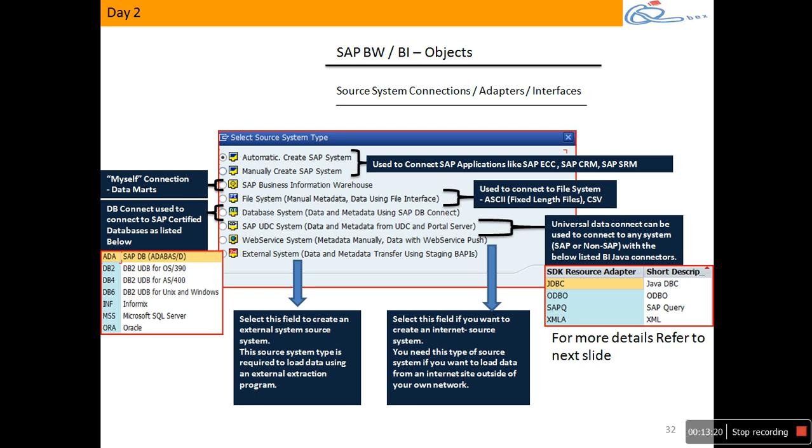Anything can be connected using this. But the only thing is, UD Connect is built with Java programs or the Java stack. So the performance is slower when compared to DB Connect.